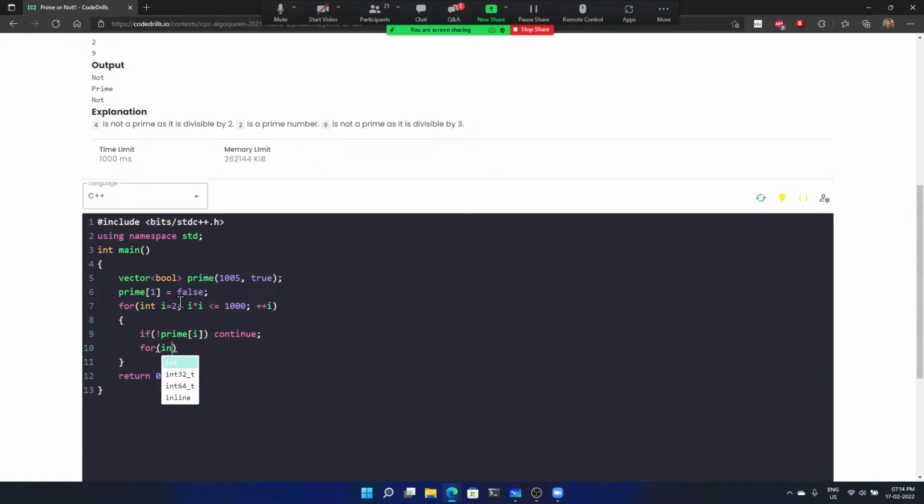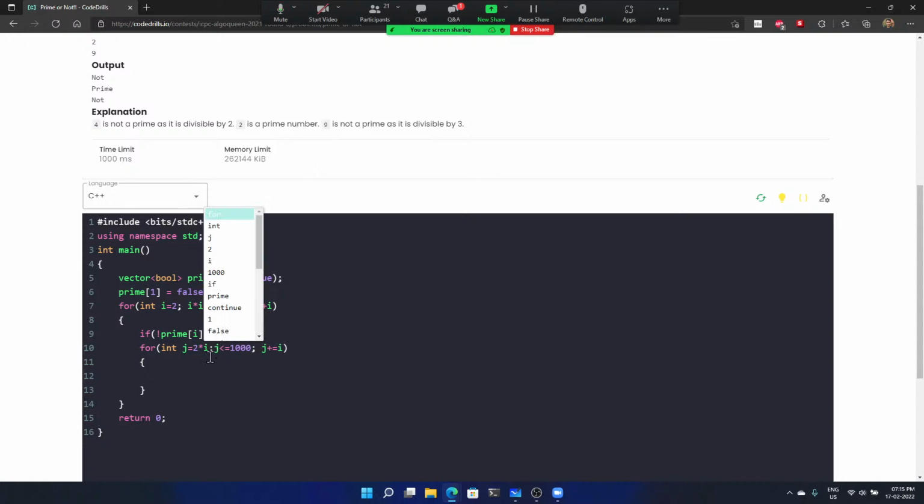So int j is equal to i, j less than or equal to 1000, j plus equal to i. So j will be my multiples of i, which I'll mark. This should not start from i because i is prime, and I don't want to mark it as false. So what I can do is 2 star i. But as we discussed, we don't have to start from 2 star i.